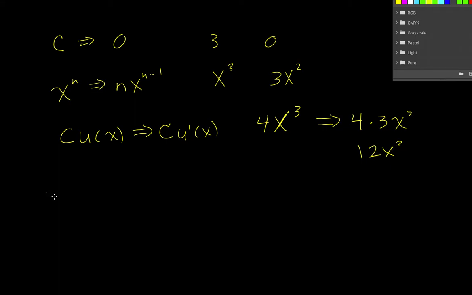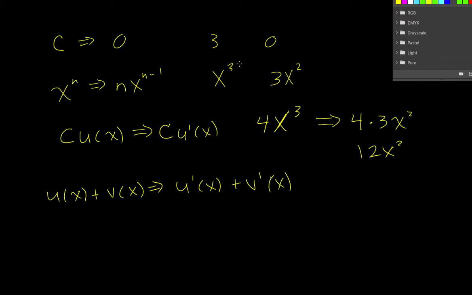Okay? And then if we have u of x and v of x, and we add them together, we just take their derivatives separately and then add them together. Okay?